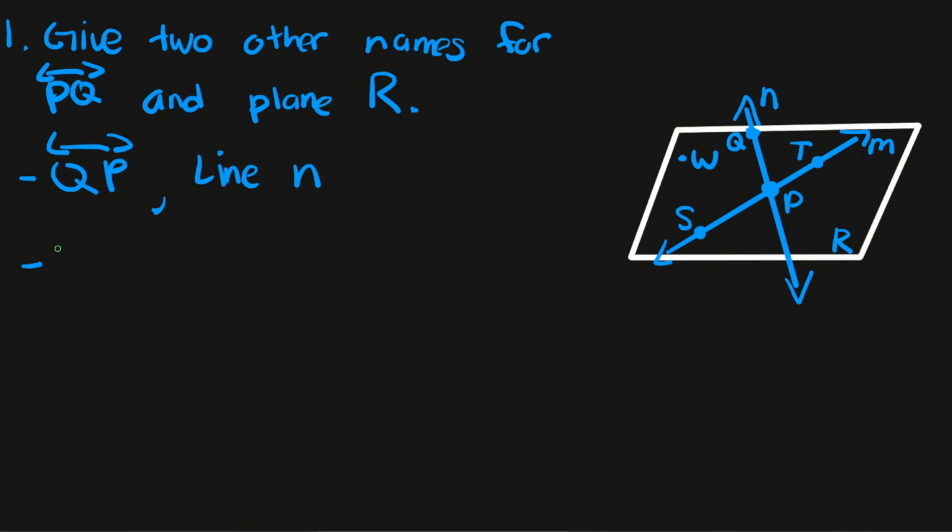So we could call it plane WPT. You could also say plane SPT. And there's probably more combinations, but just know that you need 3 points to name a plane.